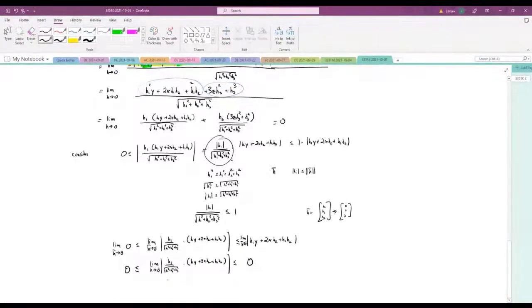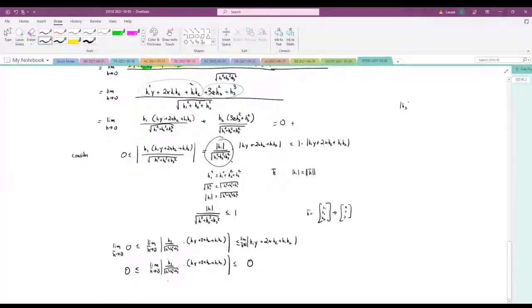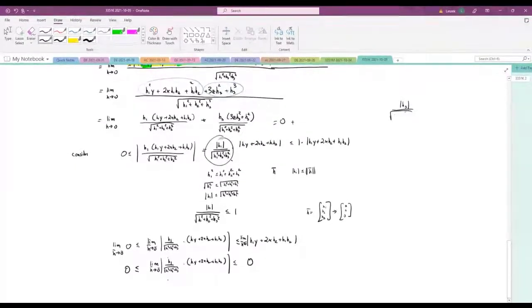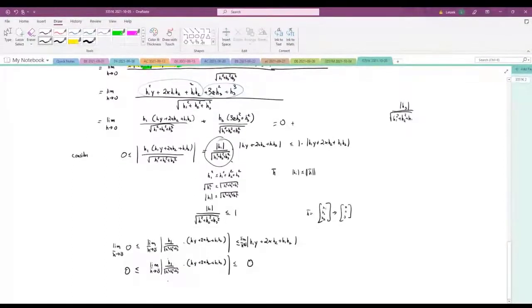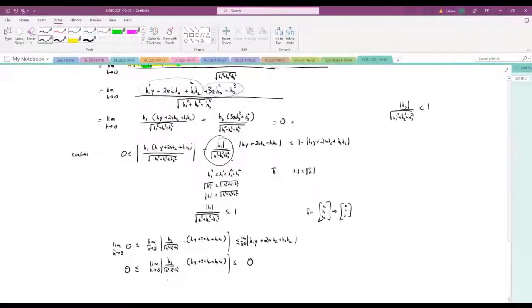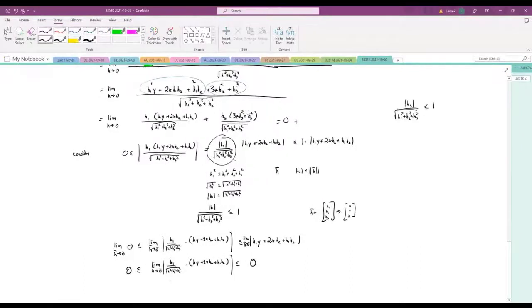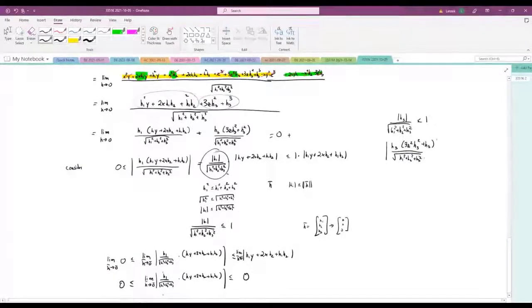And you make exactly the same argument for the second term, correct? You know that h3 divided by the magnitude of vector h is less than or equal to 1. So taking the absolute value, this divided by that is at most 1.